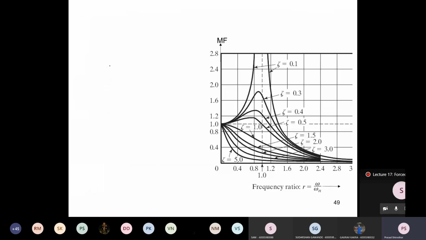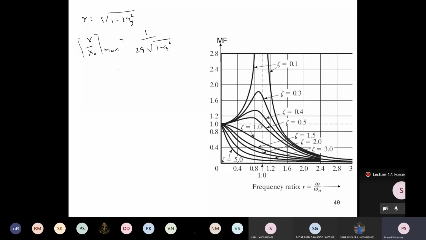Now a few more points are to be discussed. When R is equal to square root of 1 minus 2 zeta square, then x by x0 is maximum, and this comes out to be 1 upon 2 zeta square root of 1 minus zeta square. Now this equation can be used in experimental determination of zeta.